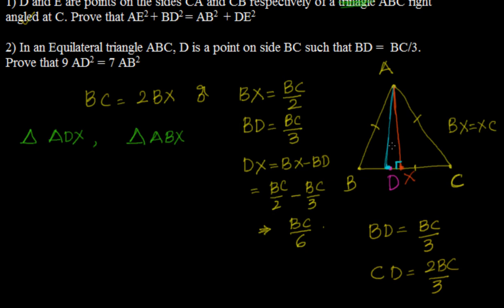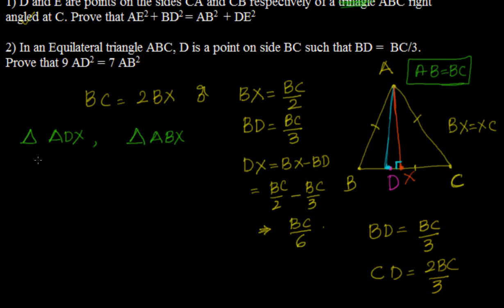Now we have to prove the relation between AD and AB, but we need to know BD and DX, right? That's why we have done all the hard work. We found BD and DX in terms of BC. And you know that AB is equal to BC, so wherever BC is there, I can convert that to AB, then it should be pretty much fine.